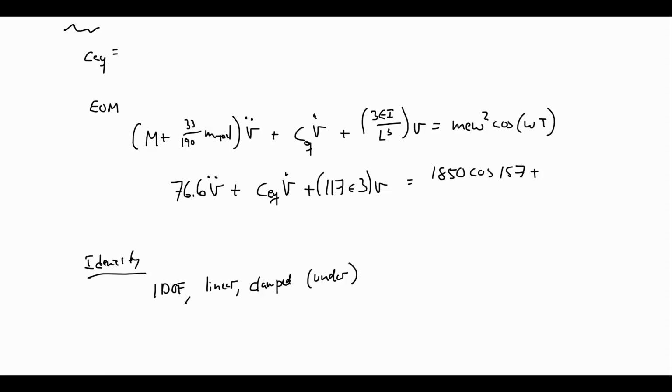And we have simple harmonic forcing on the right-hand side. Again, I'm just going to use a cosine for simplicity, but it could be a sine function, it could be a cosine with a phase delay as well. And it's going to turn out not to matter because we're just going to look at the steady state response of this anyway.